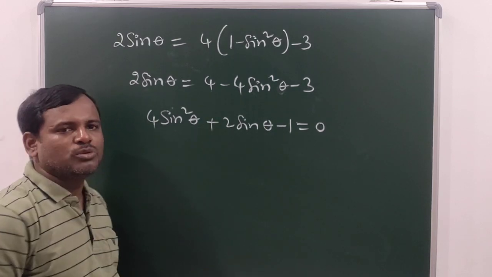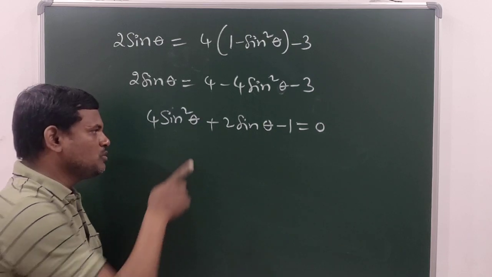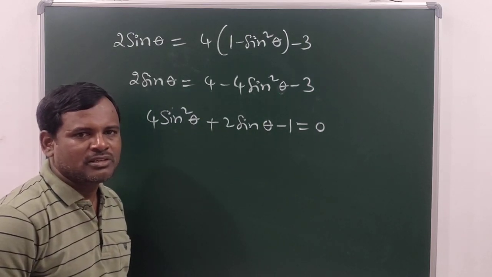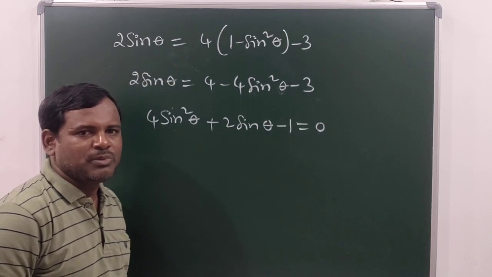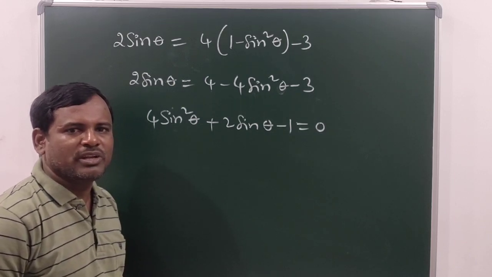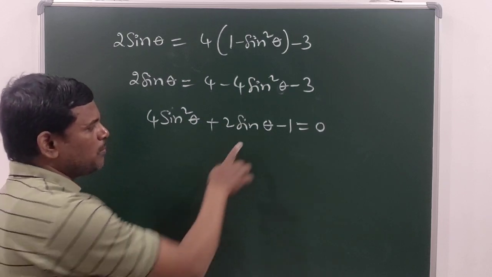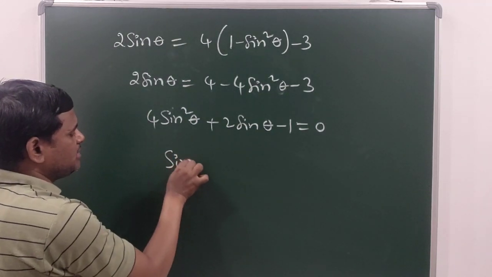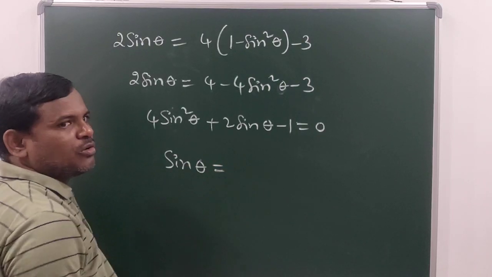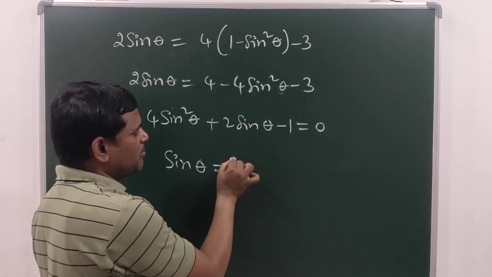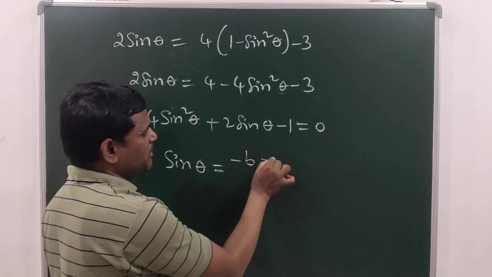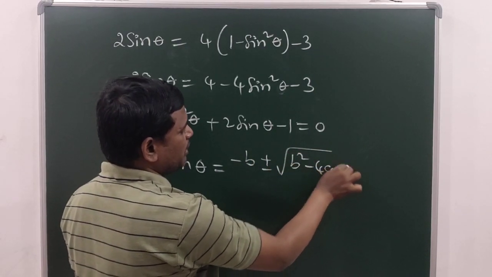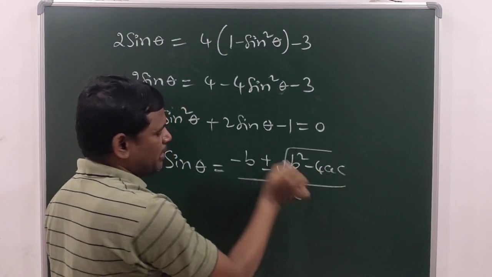Right. So solve it. How to solve the quadratic equation? To solve this, now I would like to use the quadratic formula. You know that minus b plus or minus root of b square minus 4ac by 2a. So apply that formula, so that here you will get sin theta is equal to minus b plus or minus root of b square minus 4ac by 2a.